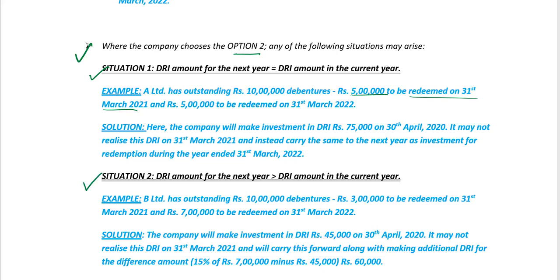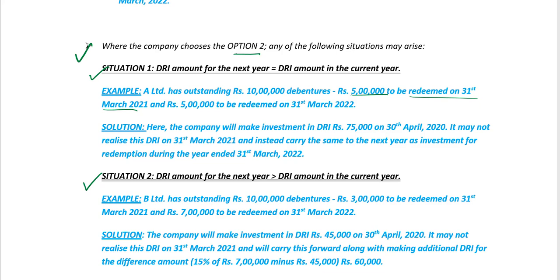In the second situation, the DRI amount for the next year is greater than the DRI amount which is invested in the current year. Now in the same example, let's say B Limited has outstanding rupees 10 lakh debentures, rupees 3 lakh to be redeemed on 31st March 2021 and rupees 7 lakh to be redeemed on 31st March 2022.